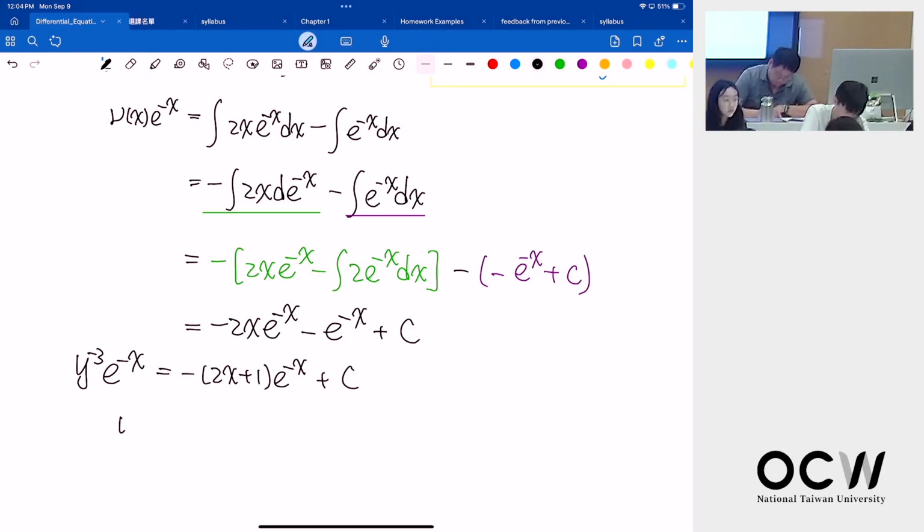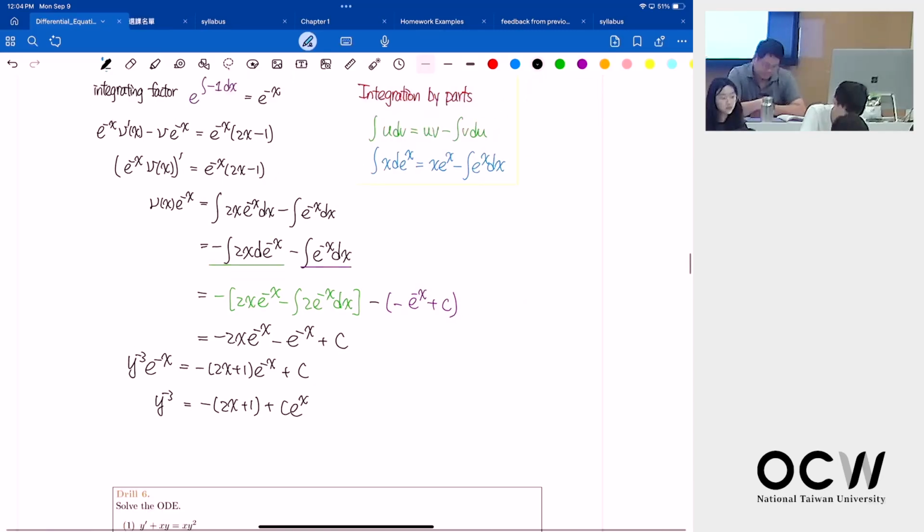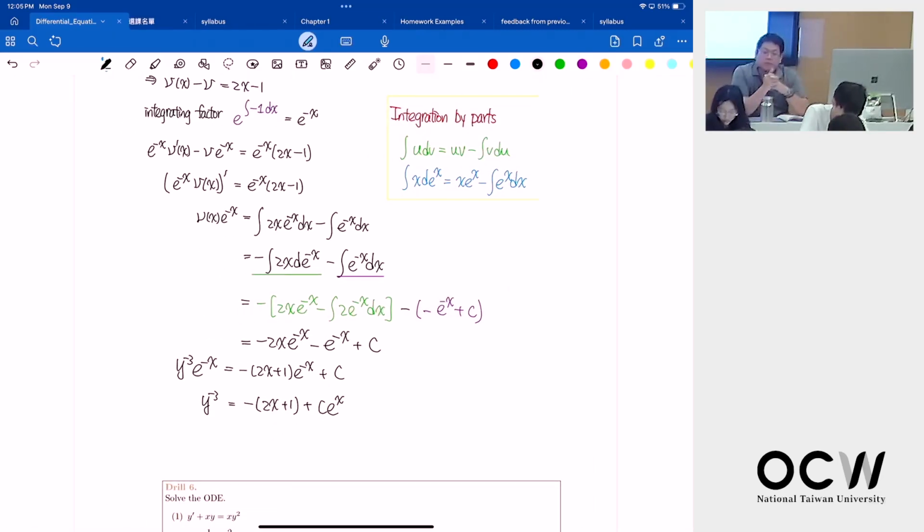So y to the minus 3 will be minus 2x plus 1 plus c times e to the x. All right, then that is the Bernoulli equation.